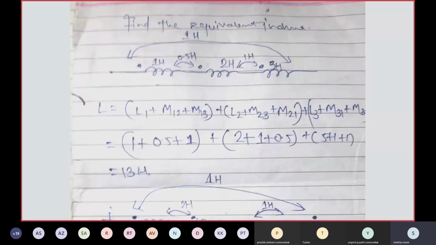If all dots are at the start point of the coils, then all the self inductance and mutual inductance get added, because there is no difference in the direction of flux. So that is the main basic reason. That's why we can directly write L1 plus M12 plus M13 and then plus L2 plus M23 plus M21, like this.